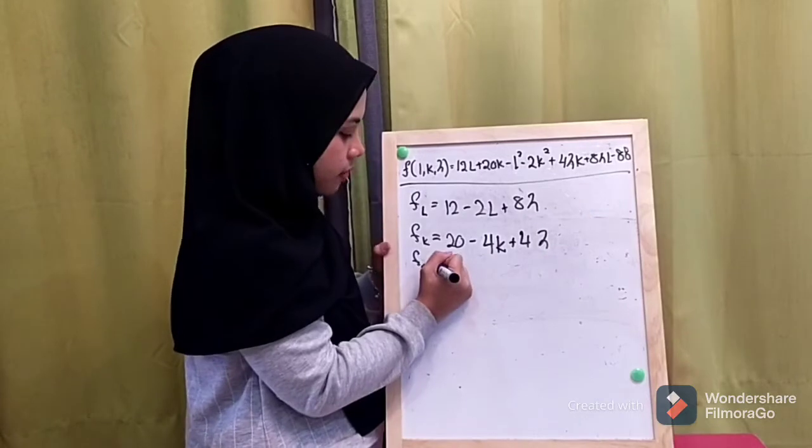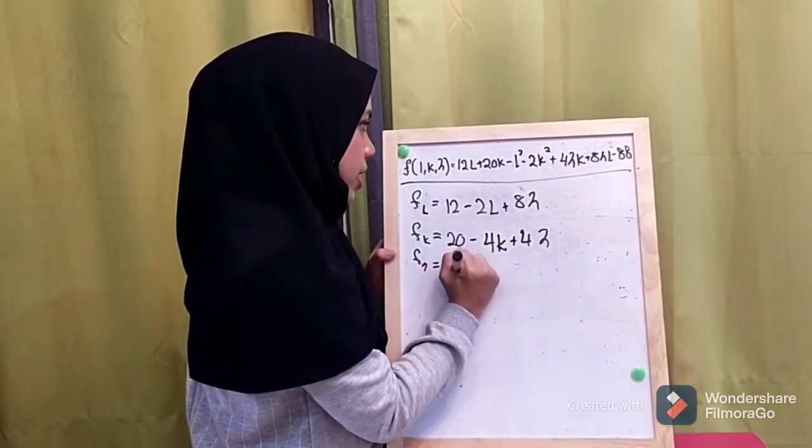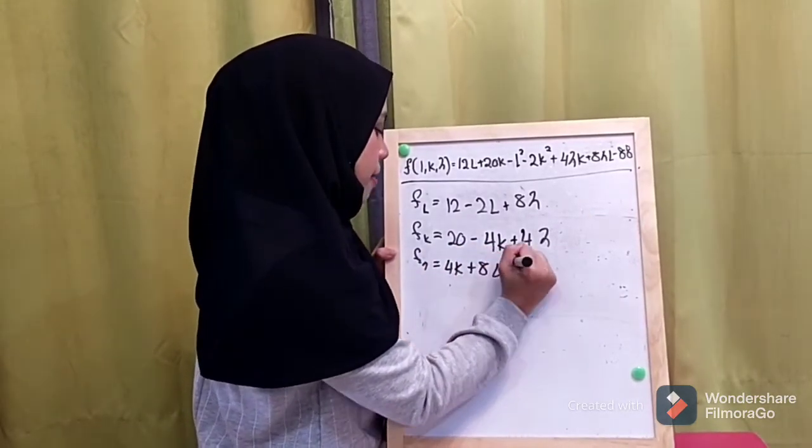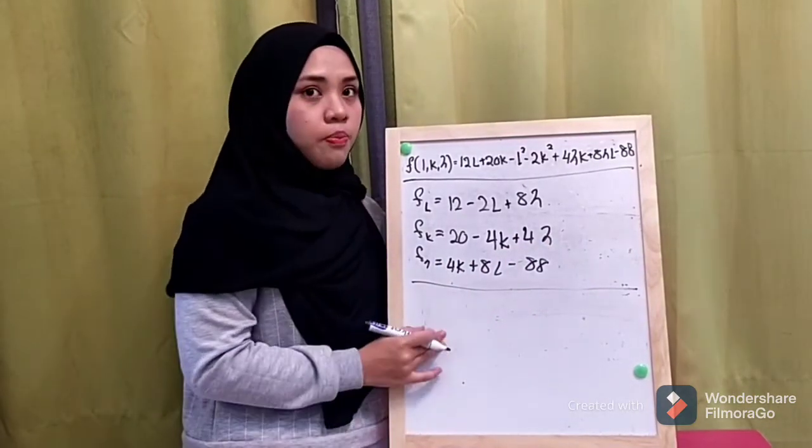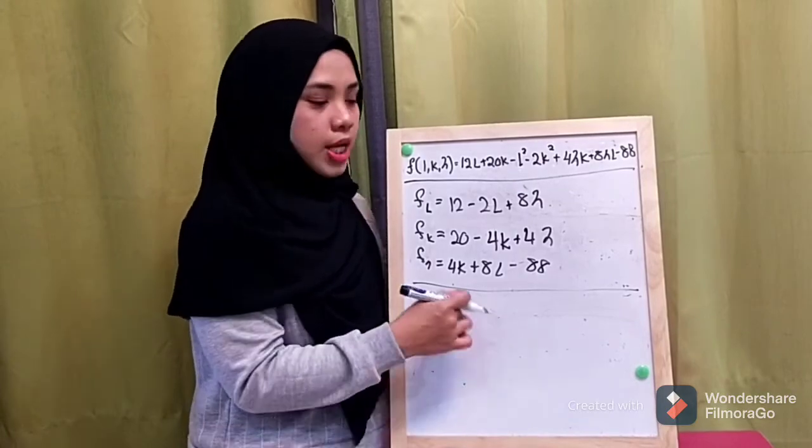For lambda, we will get 4K plus 8L minus 88. All of the above functions, I will equate to 0.